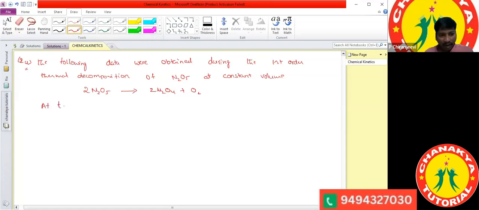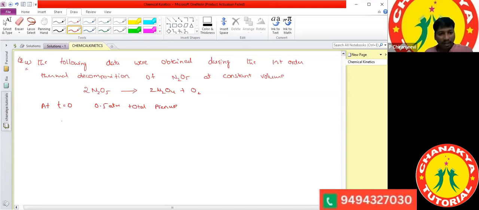At time t equal to 0, the initial concentration of N2O5 they had given as 0.5 atmosphere. At time 0, the total pressure is 0.5.